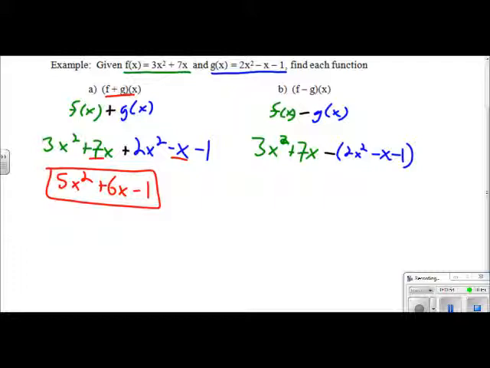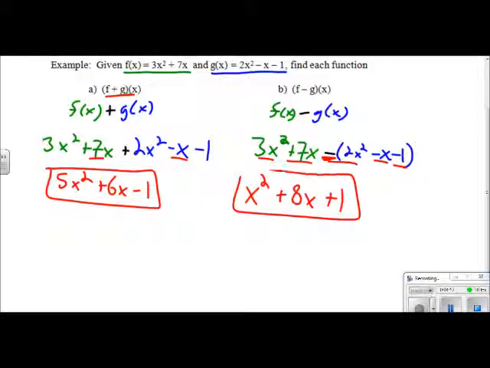So essentially 3x squared minus 2x squared, so we would just have 1x squared, or just x squared. 7x minus a negative x, so minus a negative is like positive, so this would be plus 8x. And again, minus negative 1 would be like positive, so plus 1. So this would be our f minus g of x.